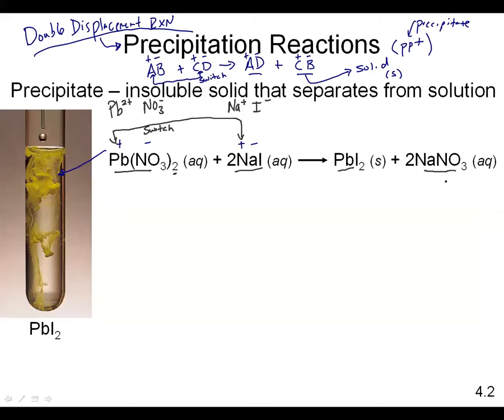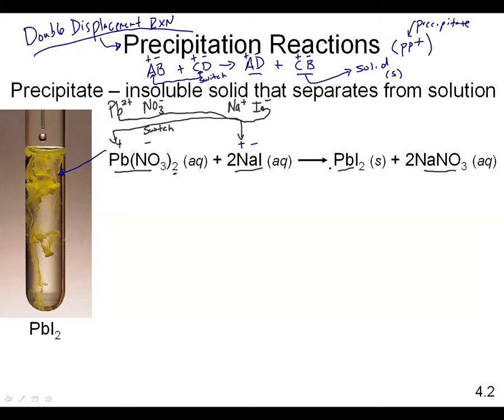So if you had to predict what comes on the right-hand side here, you want to just take the basic units and then put them together. So what we're going to do is take the lead and combine it with our iodide. So that's a +2 and a -1.